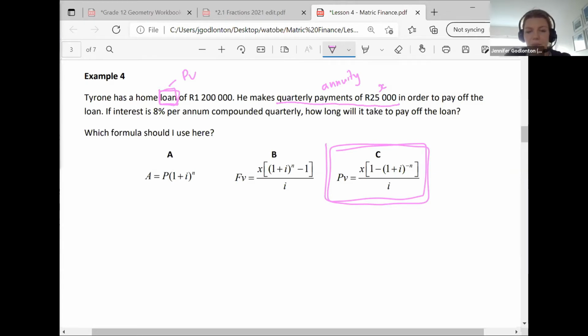Try not to panic with all of the words. Try take the keywords, and as soon as you see them, put them in your grocery list. So it's the loan, you have your present value, put it down. Quarterly payments, you have your value, put it down.